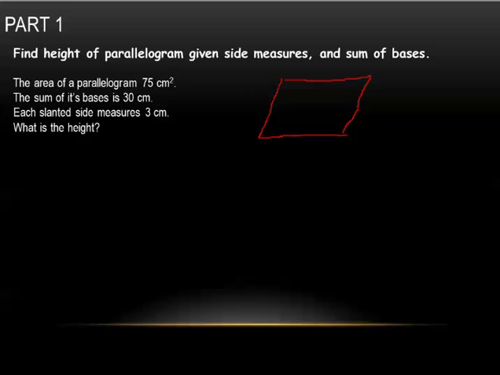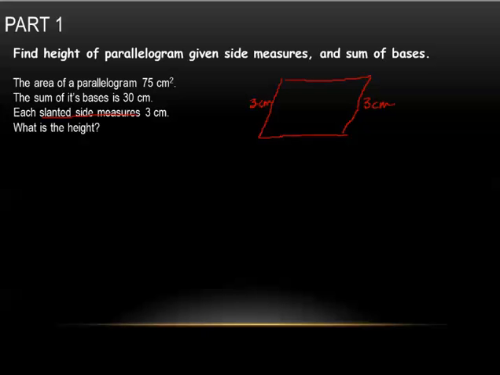And I don't care how hard the figure is to draw, I draw some kind of semblance of it. And when I say that, I'm talking about like a heptagon or an octagon. Those aren't always easy to draw. But I'm going to go ahead and label it with information that I've been given. It said the slanted side measures 3 centimeters. So that means these sides right here are 3 centimeters because they're the slanted sides.